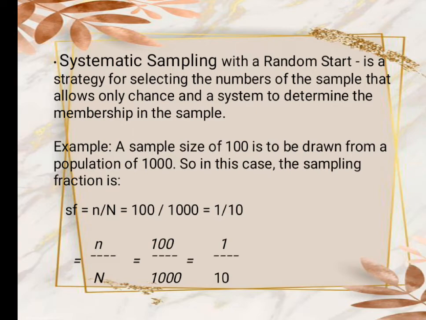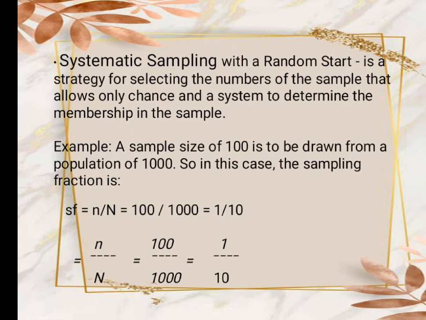So we got this answer, 1 over 10, because we first divide 100 by 1,000, so that is equal to 1. And next step, we divide 1,000 by 100, so that is equal to 10. So that capital letter N, or the population size, is equal to 10, and from it enumerate the elements.